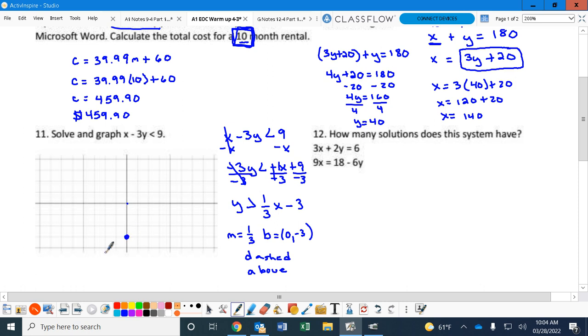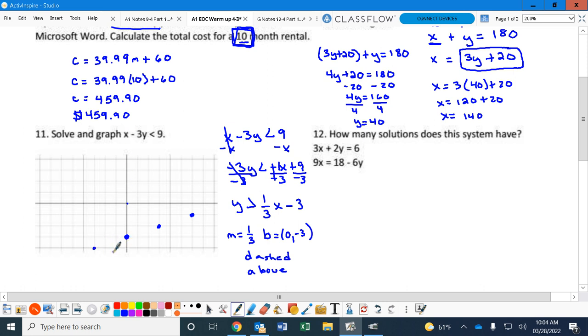From that point, we are going to use our slope to rise and run. We are going to rise 1 and run 3. So we're going to go up 1 and go over 3. Guys, since I can't keep going up and to the right, the opposite of that would be down and to the left.